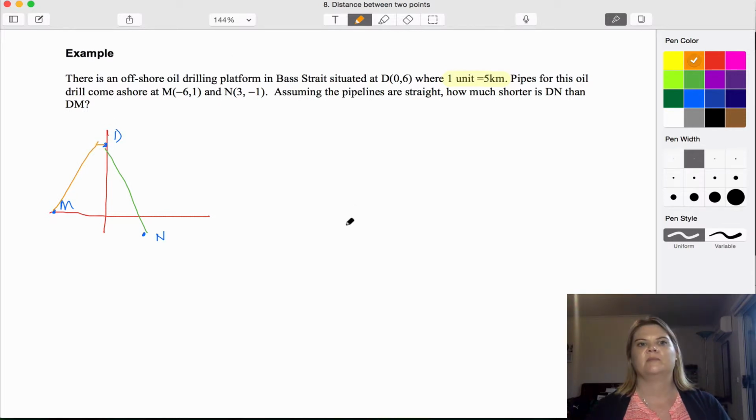That's a bad line, but you know what I mean. So this one is supposed to be shorter than this one. Doesn't really look like it in my graph, but apparently it is. No big deal.